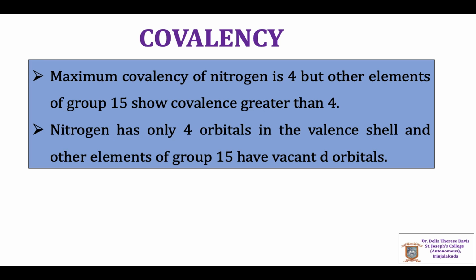Coming to covalency, the maximum covalency of nitrogen is 4, and all other elements of group 15 show a covalency greater than 4. This is because nitrogen has only 4 orbitals, that is 1 s orbital and 3 p orbitals, and it cannot expand its valency beyond that due to the absence of d orbitals.